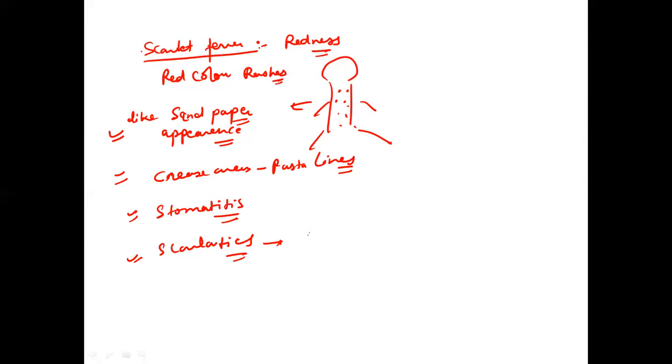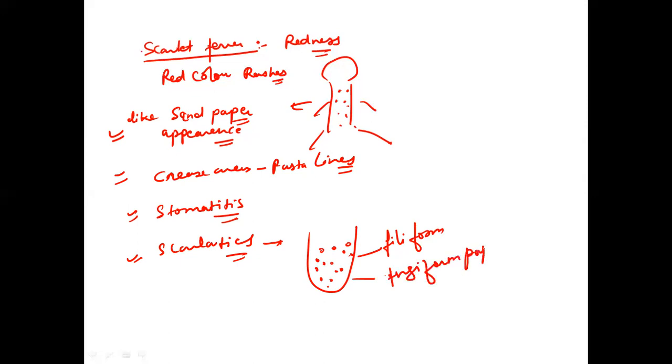Over the tongue there are two types of papillae: filiform papillae and fungiform papillae. You can see there is redness in these filiform and fungiform papillae. In between that, there is whitish discoloration.